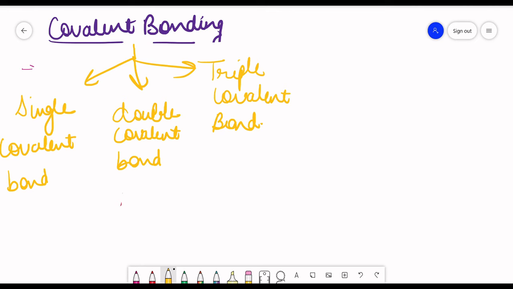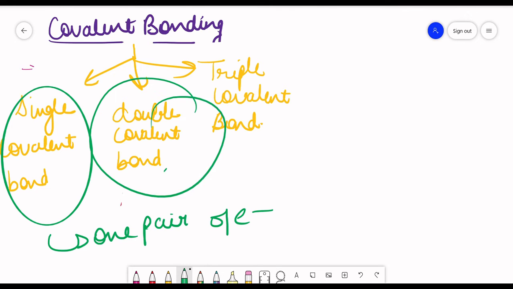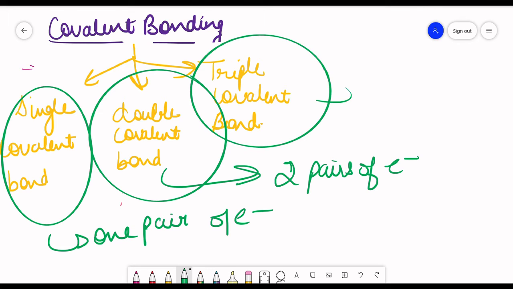A single covalent bond is formed by sharing one pair of electrons. A double covalent bond is formed by sharing two pairs of electrons. And a triple covalent bond is formed by sharing three pairs of electrons.